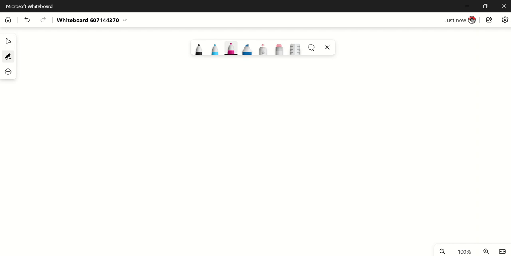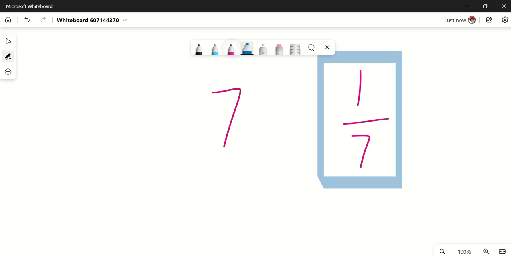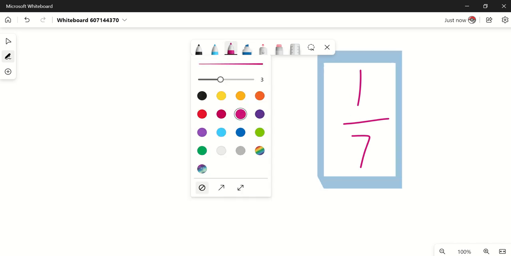The mistake that I see a lot is when, say 7 is our whole number, I'll see students do this. This does not equal 7.